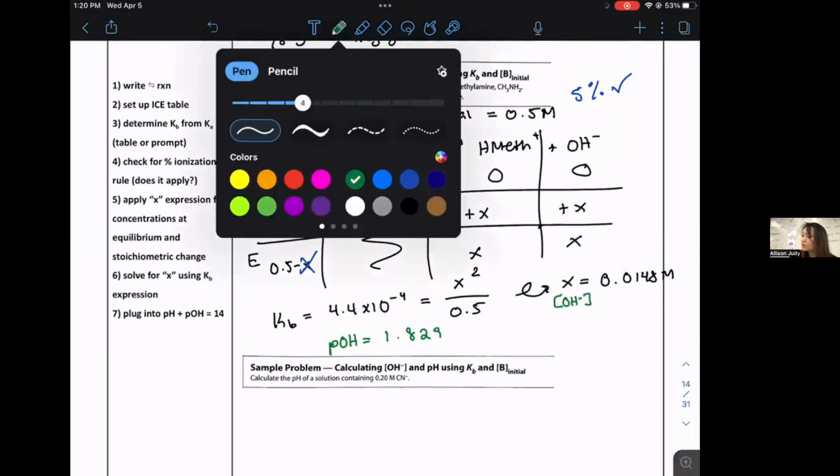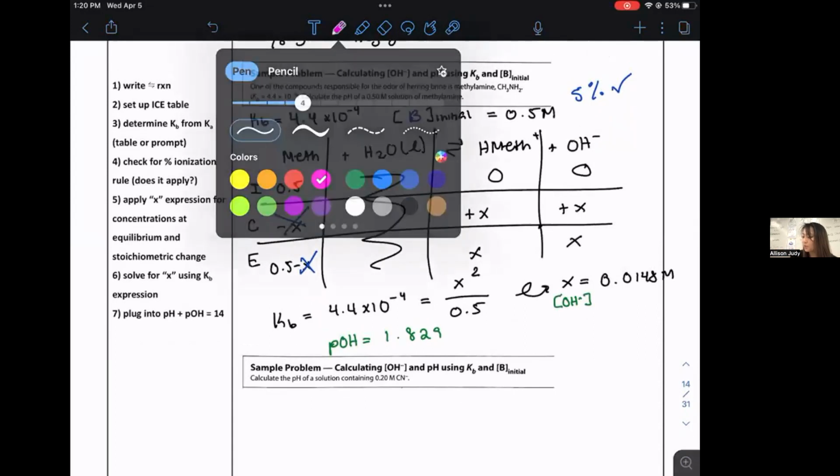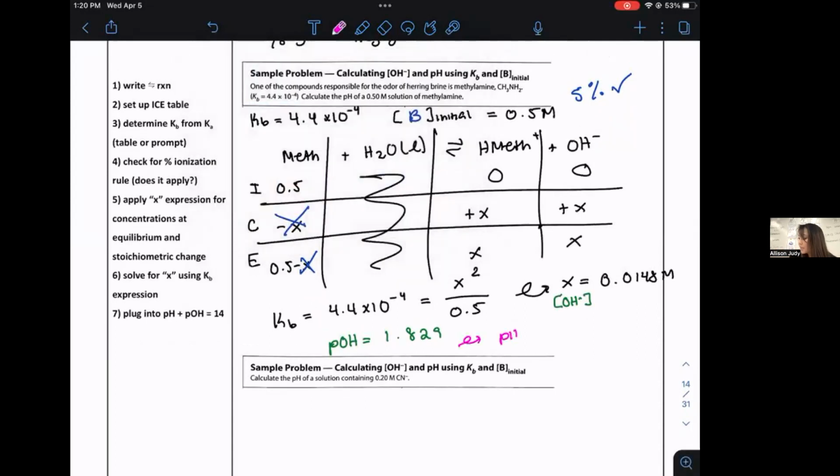And then you would use the additional equation relating pH and pOH to say that pH is equal to 14 minus 1.829, giving us a pH in the basic range, which would make sense because we're making base, of 12.17 if I wanted you to take it all the way to the end.